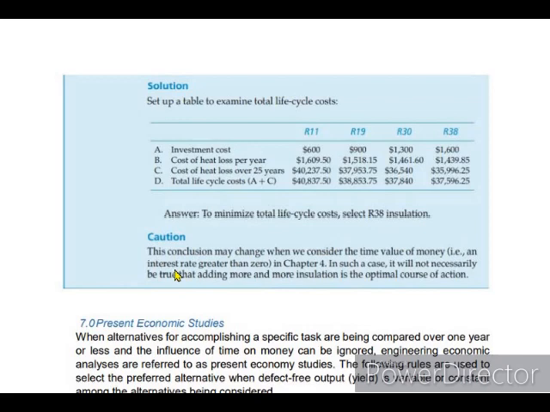So caution, this conclusion may change when we consider the time value of money, an interest rate greater than 0. In the next chapter we will be discussing it. In such a case, it will not necessarily be true that adding more and more insulation is the optimal course of action. So you will be learning that in the next chapter.